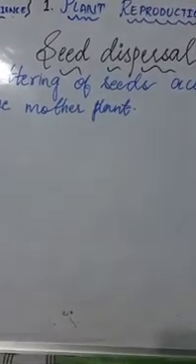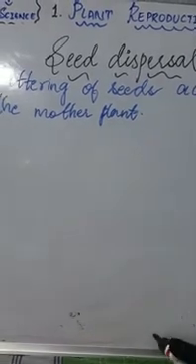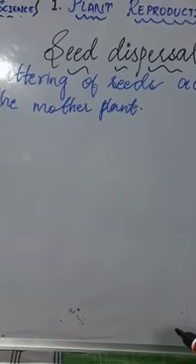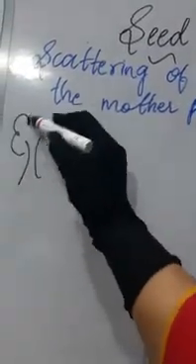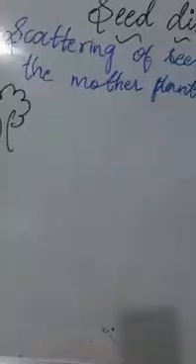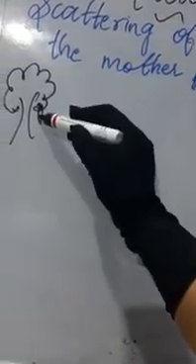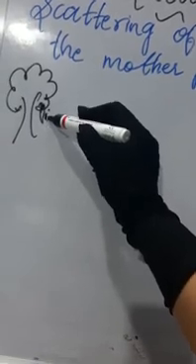If the seeds fall and grow beneath the parent plant, then there will be overcrowding. Just imagine a mother plant, as it bears flowers and fruits, the fruits will have the seeds, yes or no?